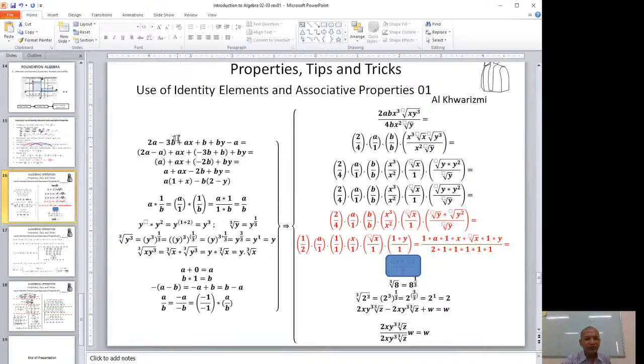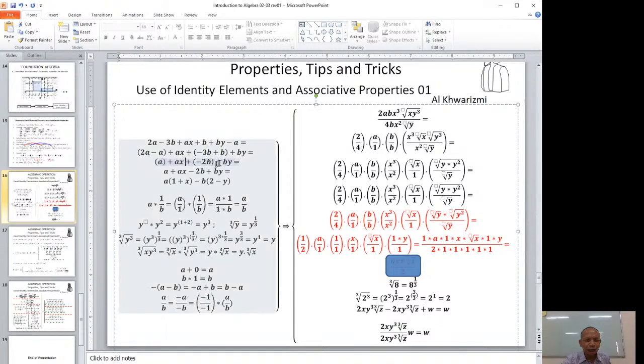2a minus 3b plus ax plus b plus by. How do we do the calculation? We collect similar terms: 2a minus a plus ax plus, in parentheses, negative 3b plus b, plus by. Then we do step by step: 2a minus a equals a, ax remains the same, negative 3b plus b equals negative 2b.